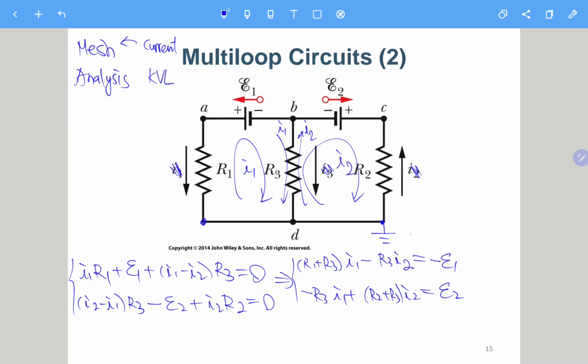You can multiply this one by R2 plus R3, and multiply this one by R3, and then add them together. Then you can eliminate I2 to get I1, and then plug it back to get I2.